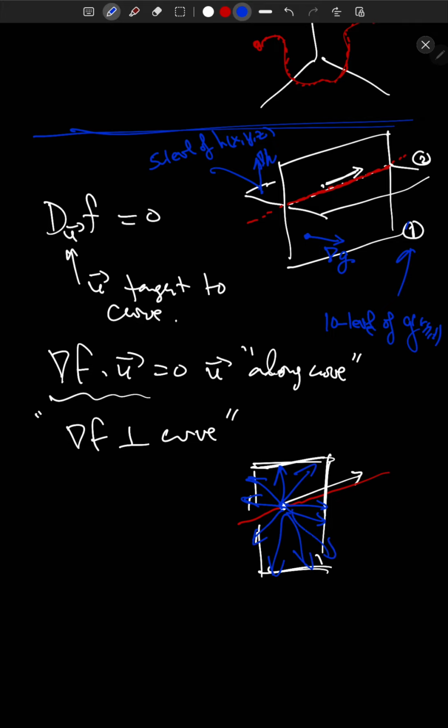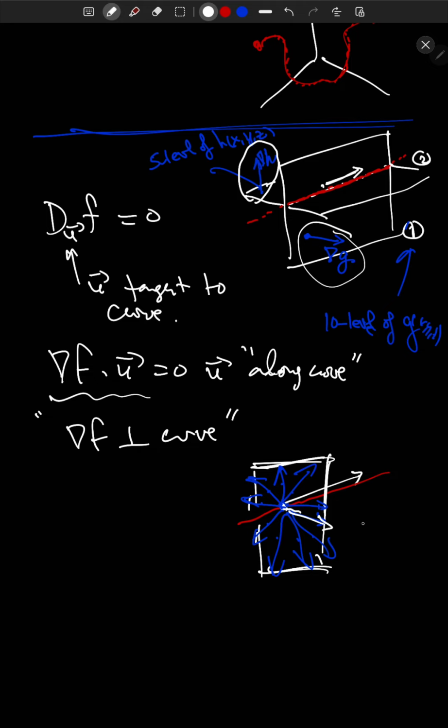In contrast to our previous situations, where there was only one direction perpendicular to our curve in the 2-dimensional situation and to our surface in the 3-dimensional situation. So gradient f could be in any of these directions. It just so happens that gradient g and gradient h are both in this plane that's perpendicular to our direction of motion.